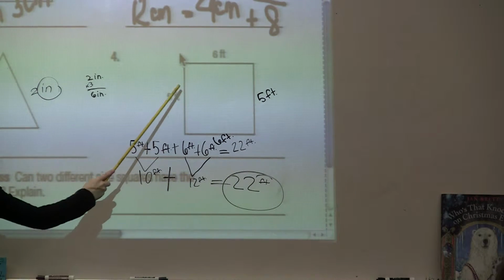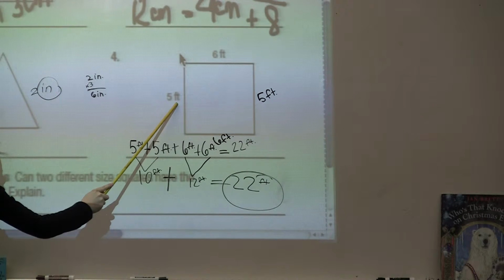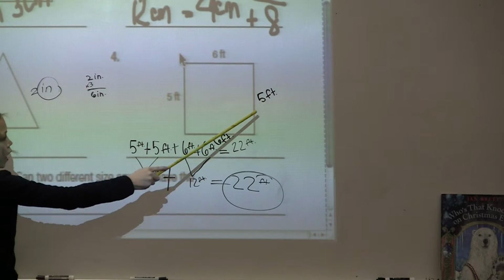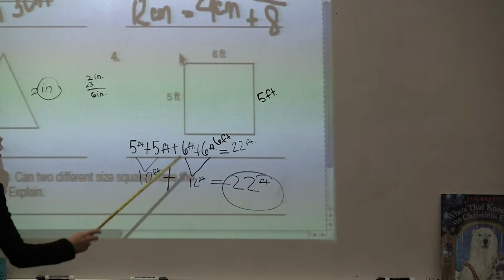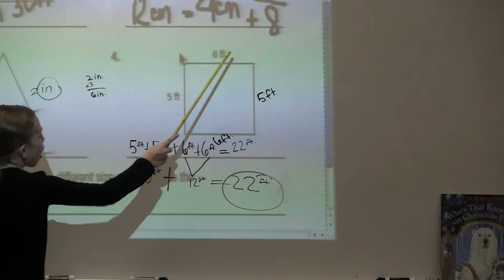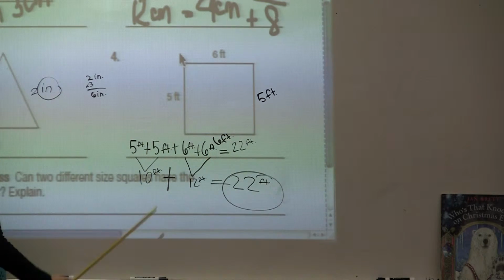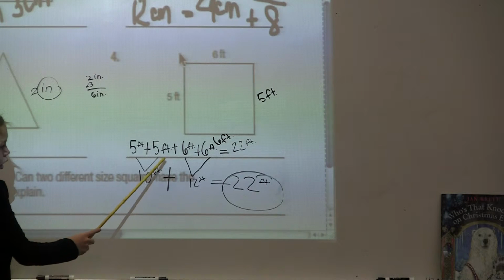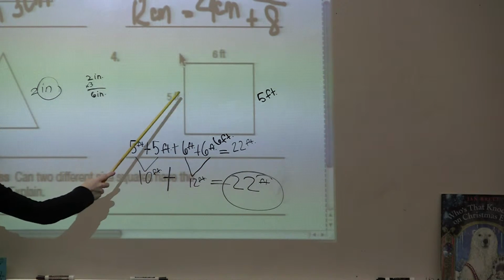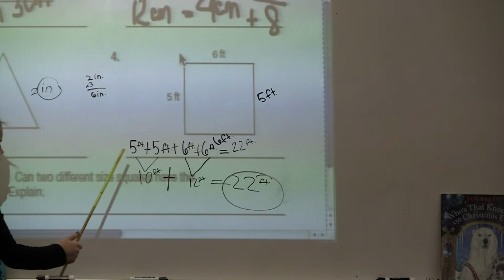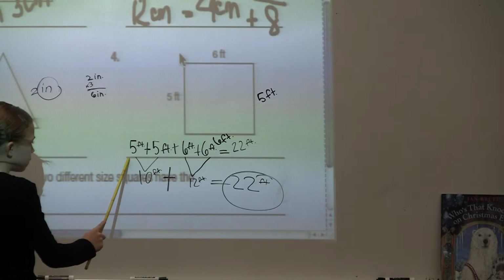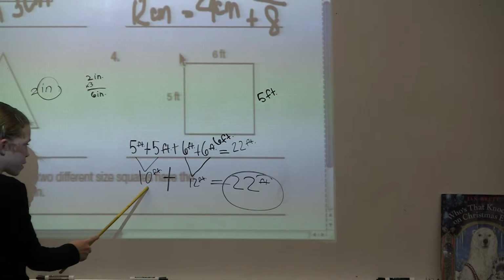I knew that on this side it was 5 feet. So on this side it had to be 5 feet also. And then I did the same thing with the top and the bottom. And I added all of my feet. And I first added 5 plus 5 and I got 10 feet.